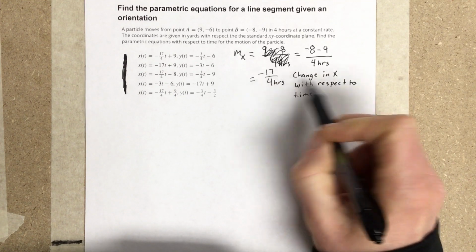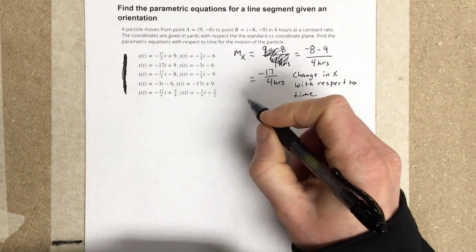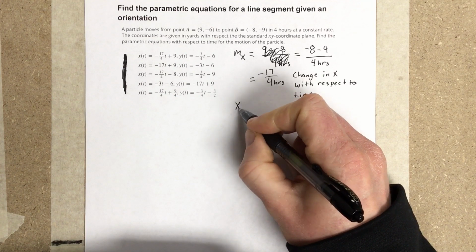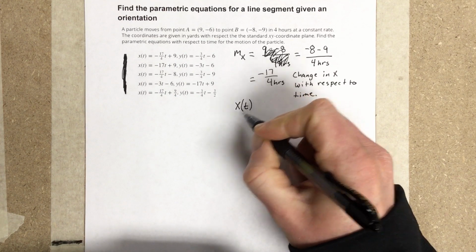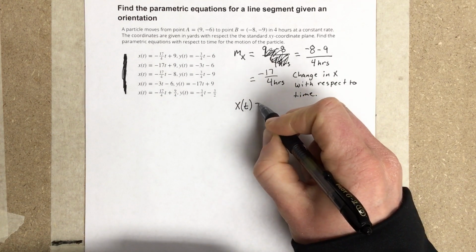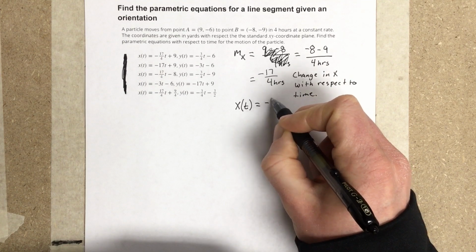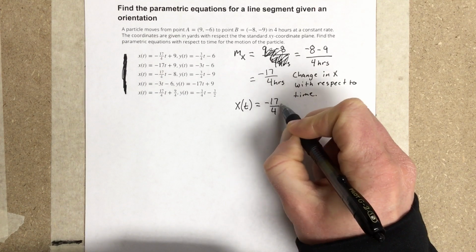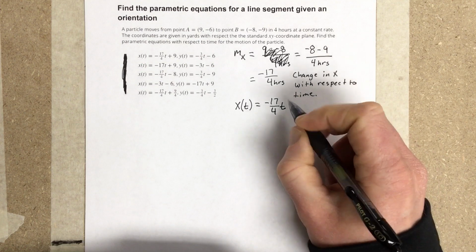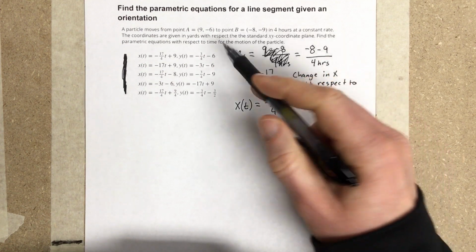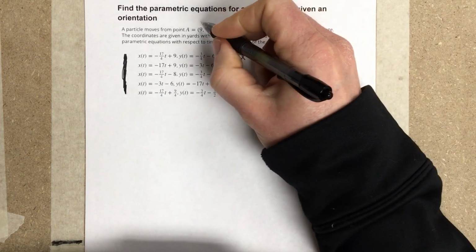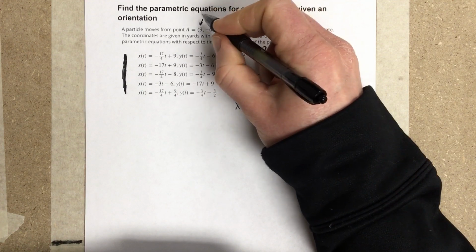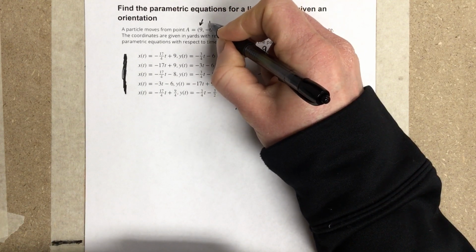So if this is a change in x with respect to time, then the equation I can write is that x of t, x with an input of time, is equal to the slope, which is -17 over 4 times t. And then what did I start with? Well, the x value starts at 9. This is my starting point here for x, and this is my starting point here for y.